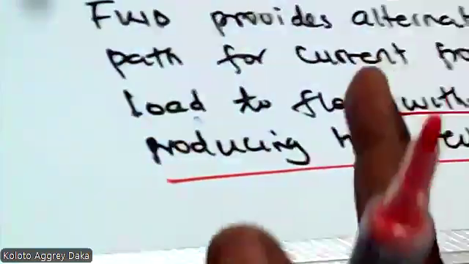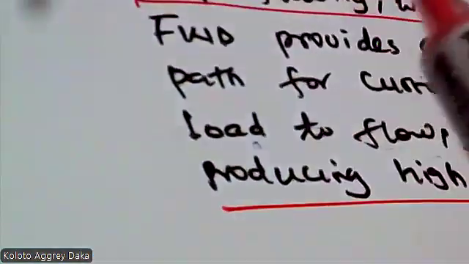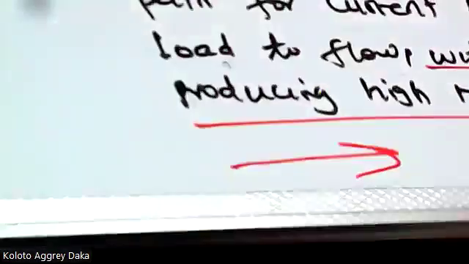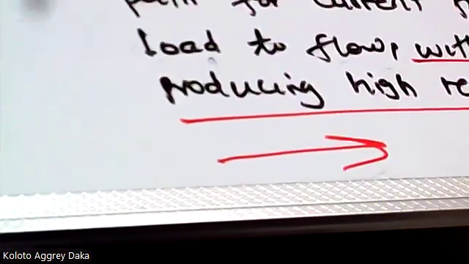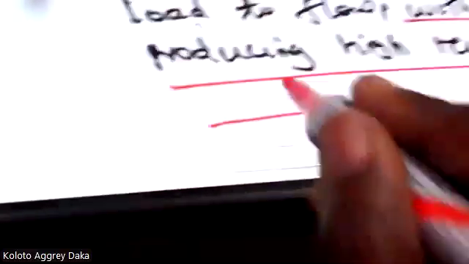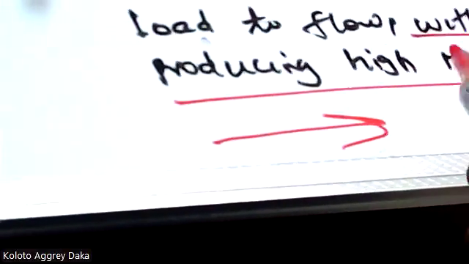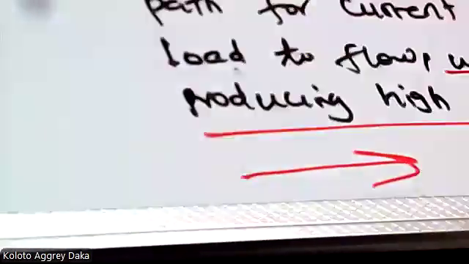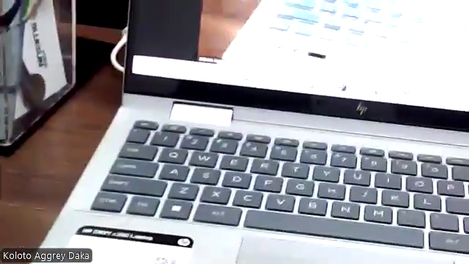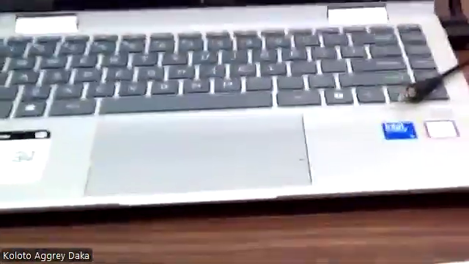A rectifier means what? Current should be flowing in one direction. Only in one direction. That's a rectifier. So we provide the freewheeling diode to ensure that even when it is switched off, there is no reverse voltage. Understood? Understood, sir. Excellent. We proceed.